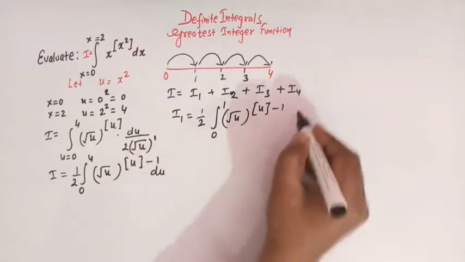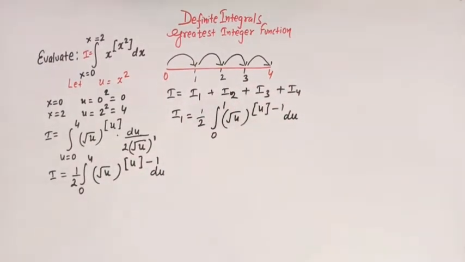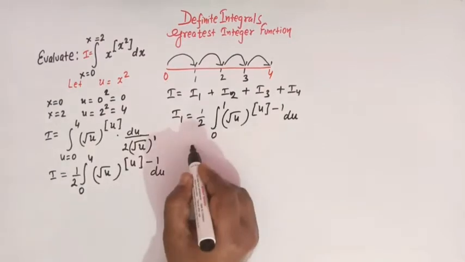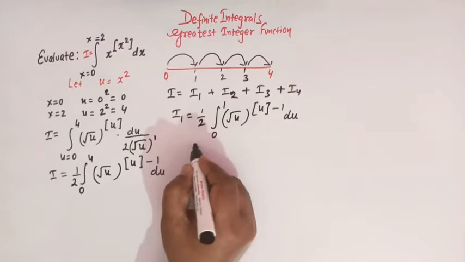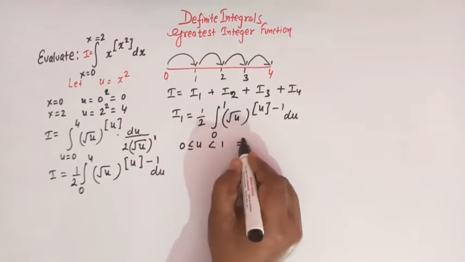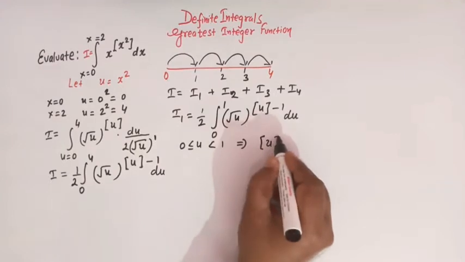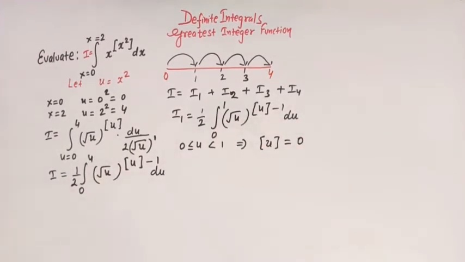Here u varies from 0 to 1, and when u varies from 0 to 1, then the value of greatest integer u is equal to 0.